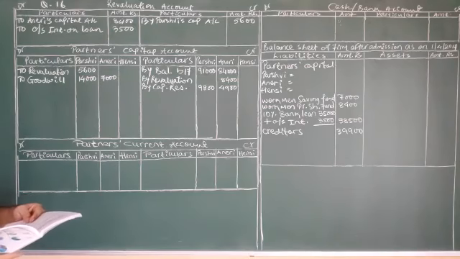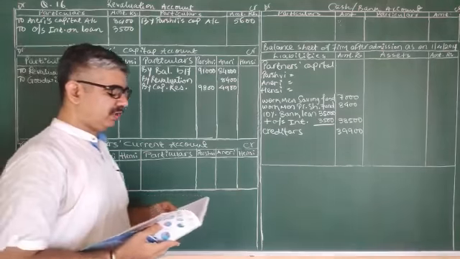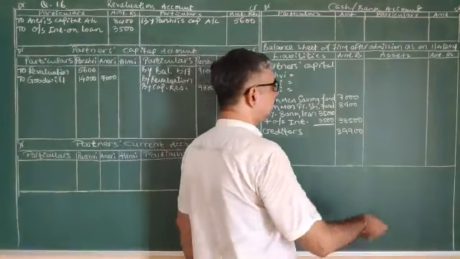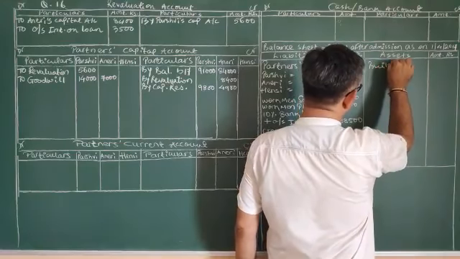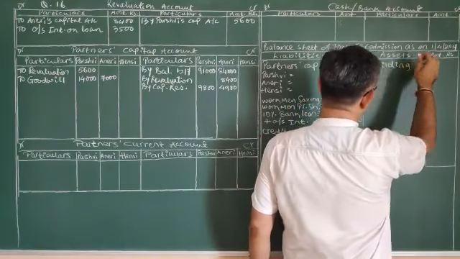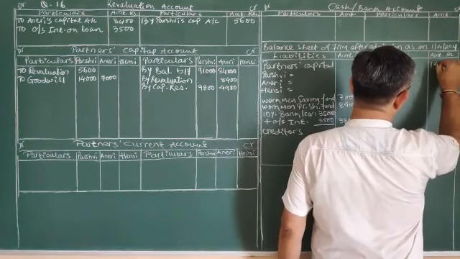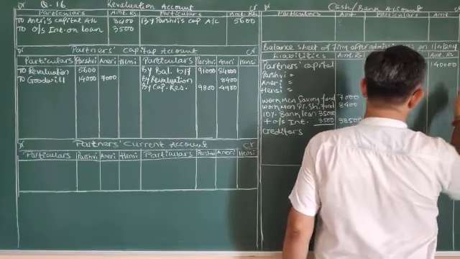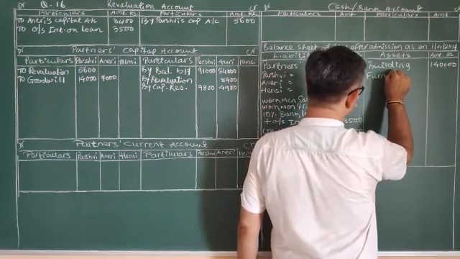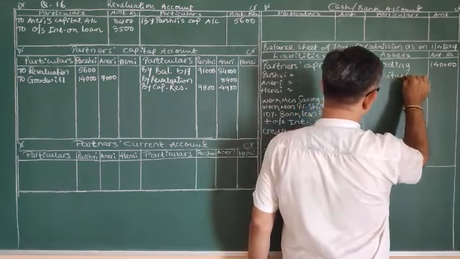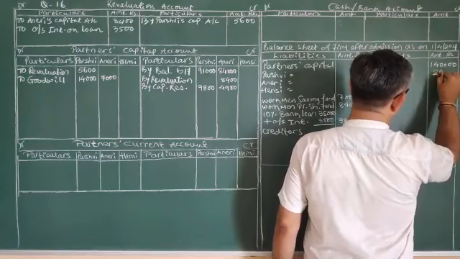Then very simple: building, furniture, stock, debtors, everything, no adjustments. So we are just going to copy the things. Building 1,40,000, furniture 28,000.